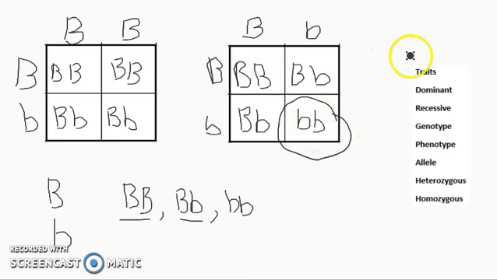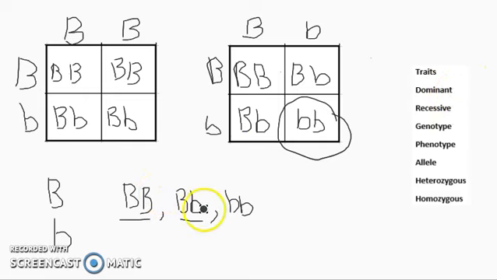Okay, so again, looking at these vocab words on the side here, go back, rewind the video if you need to. Traits: we're looking at individual specific features of organisms. Okay, this is usually synonymous with phenotype. Dominant refers to an allele that will always be expressed in the presence of it within a genotype.